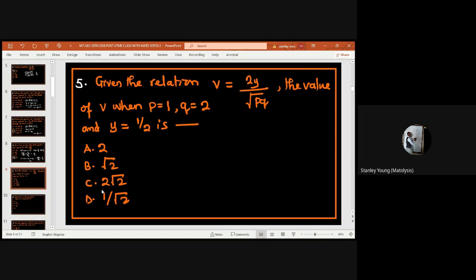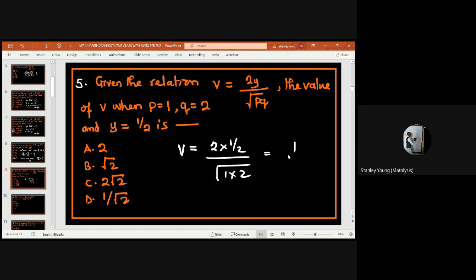Next question. The question says that if v equals 2y over pq, find the value of v when those values are given. This is quite a straightforward question. Just go ahead and slot in the information given to you. 1 over 2 over the square root of 1 times 2.